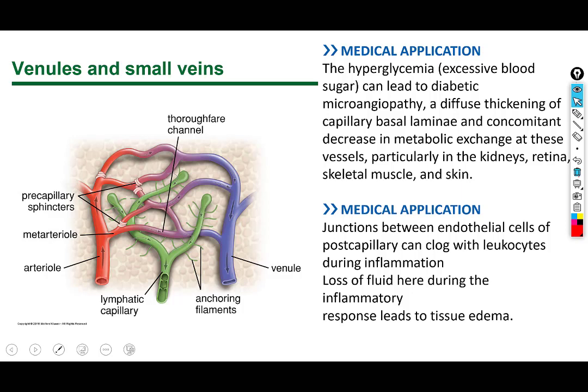Okay, so here we have a capillary bed. You can see an arteriole entering at the left and a venule carrying blood away at the right. And another element that we've added here is a lymphatic capillary. So I mentioned that the lymphatic system is technically a separate system, but it is related.